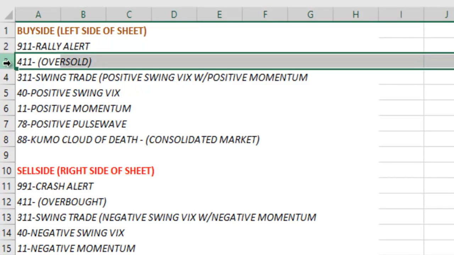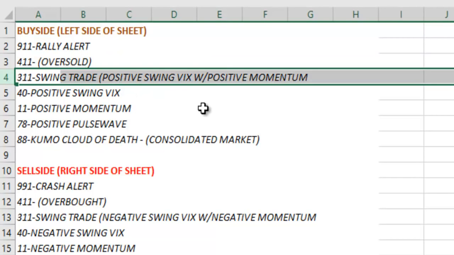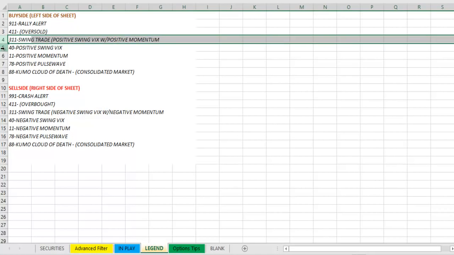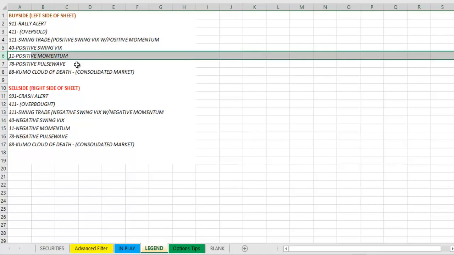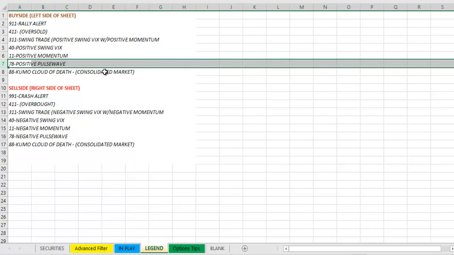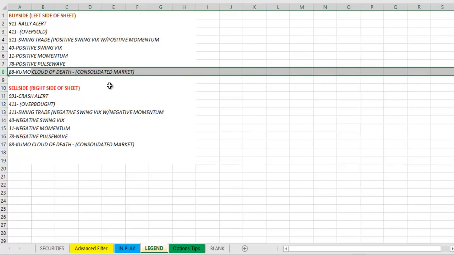We have the 411, which means that the market is in an oversold situation. 311 is a swing trade with a positive swing VIX and positive momentum. A 40 is a positive swing VIX. 11 is positive momentum. 78 is a positive pulse wave. And an 88 is the Kumo cloud of death, i.e. consolidated market.